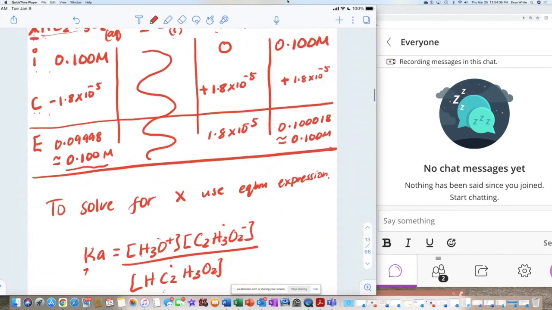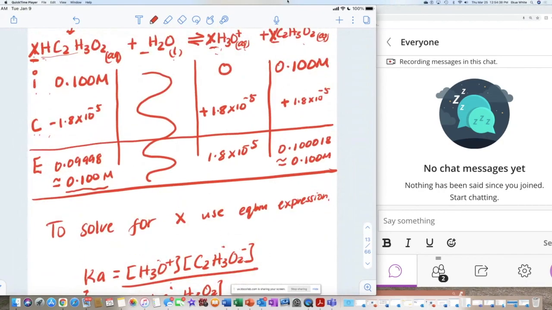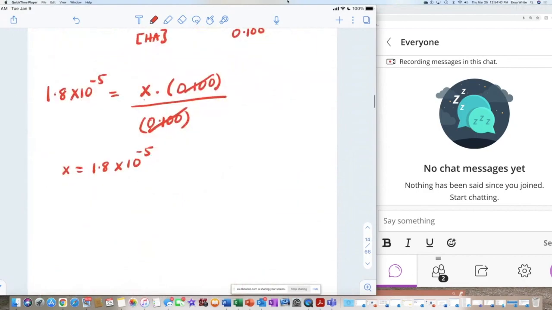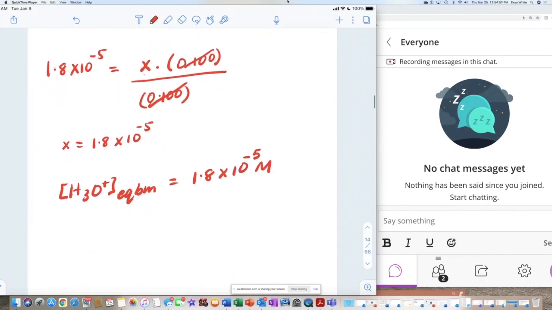Anyway, now that I have my H3O plus value at equilibrium, right, I'm going to continue with that. So H3O plus at equilibrium is equal to 1.8 times 10 power negative 5 molar. Now I can figure out pH at equilibrium.